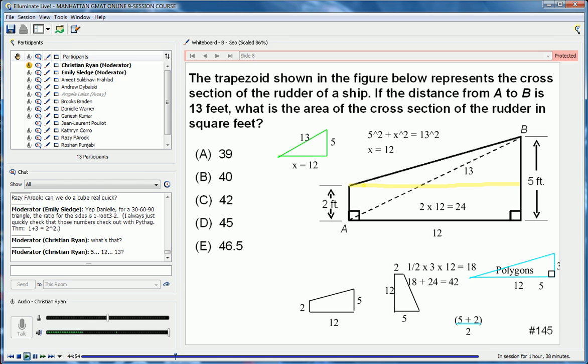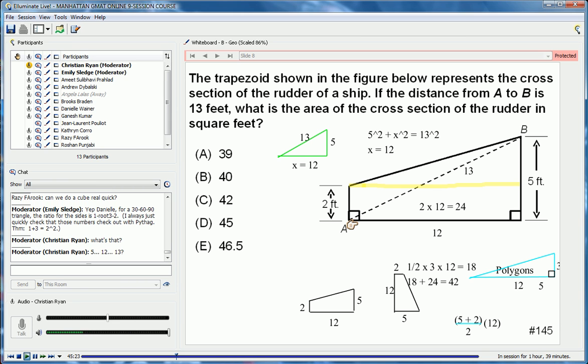In fact, you can prove this formula either through Roshan's method, or you can cut it up slightly differently and think of moving the top part of this rudder over here and making a rectangle with 3.5 feet sides.